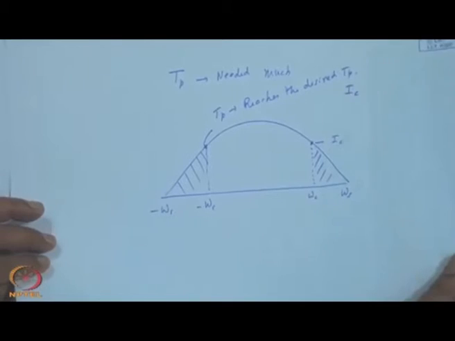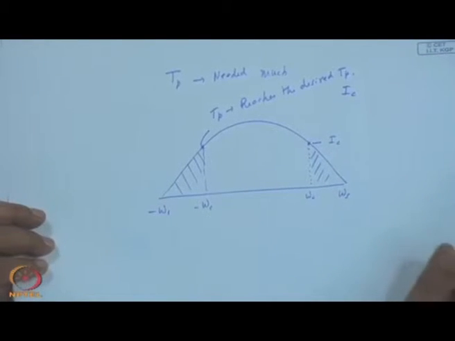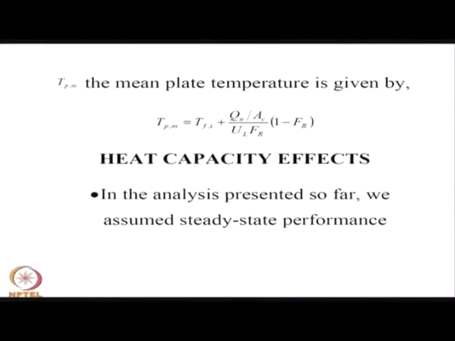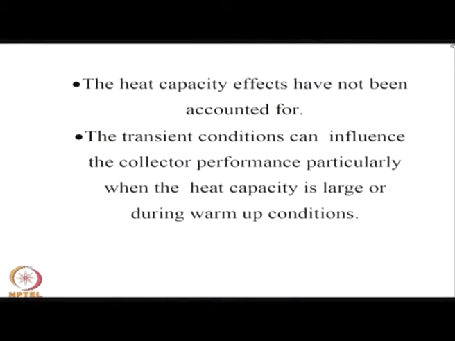I mean, it cannot heat before I c is reached, because that also defines the temperature which can be reached at that solar radiation level. So, heat capacity effect is not necessarily accounting for accuracy of unsteady performance, but a necessity to determine also the operating period.